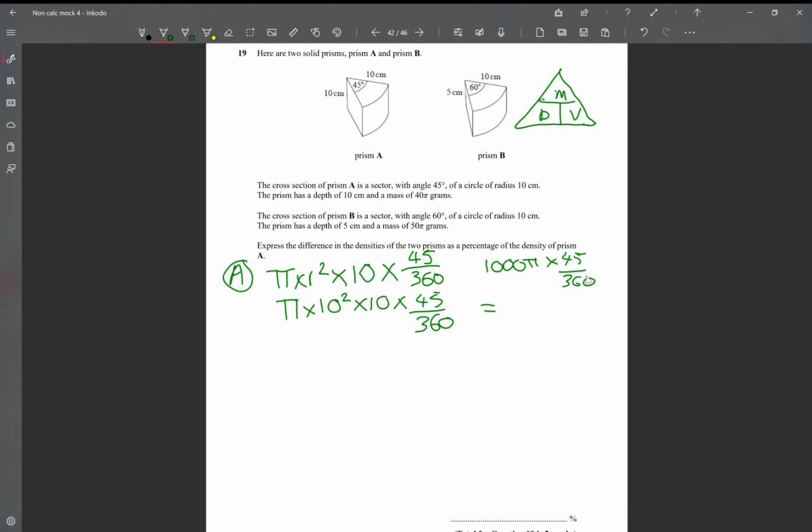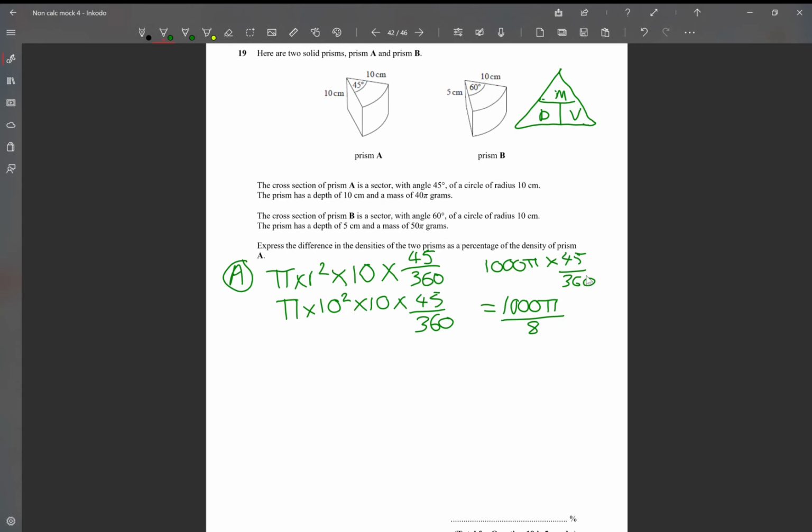So it's really going to be 1000 pi, and then rather than times it by 1/8, I could just write it as divided by 8. I'm going to leave that there for now. So that is the volume of that one.